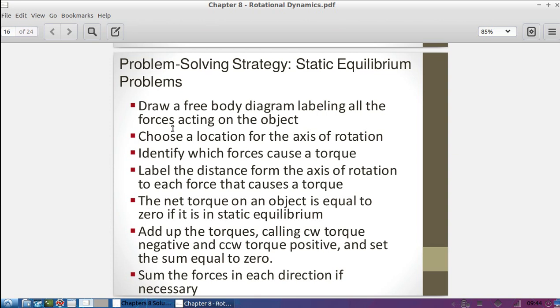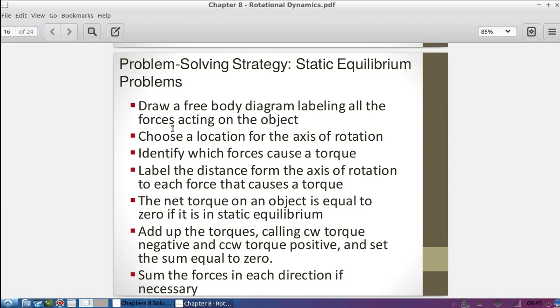Now that we're dealing with a shape, we want to draw our force vectors where they are being applied. Right? So basically, we're going to draw a picture of the object, kind of do a rough sketch, and then draw our force vectors where they're being applied, right?